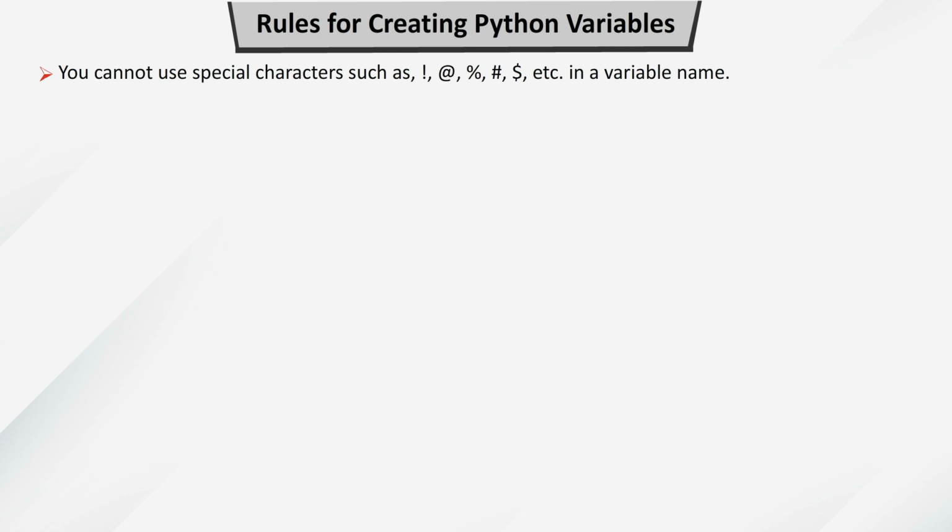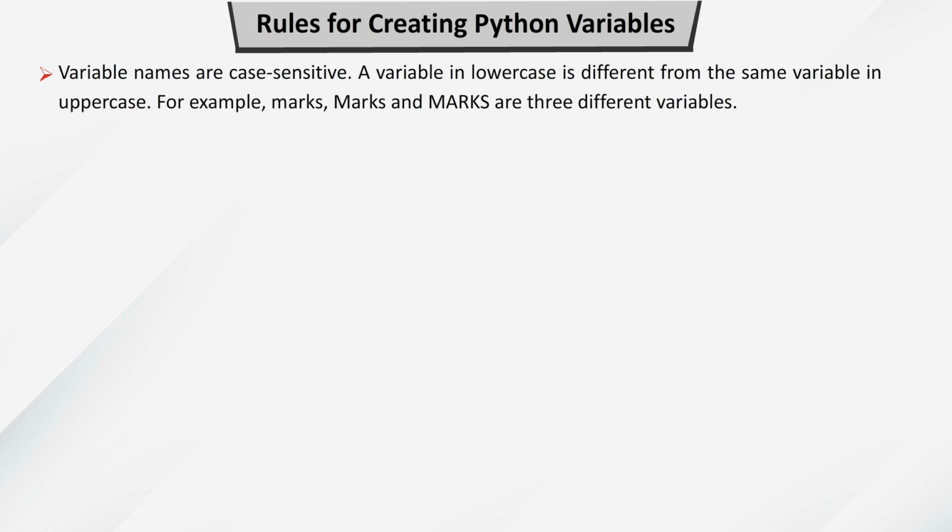You cannot use special characters such as exclamation mark, @, %, hash, dollar, etc. in a variable name. Variable names are case sensitive. A variable in lowercase is different from the same variable in uppercase.